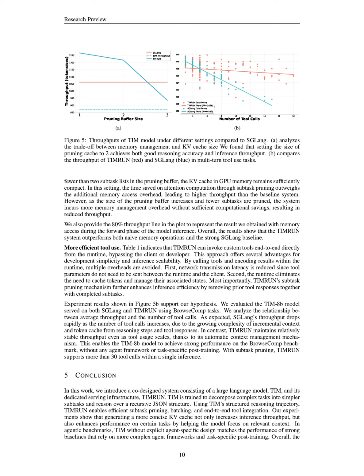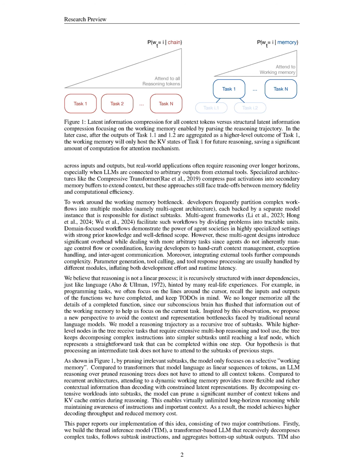Firstly, while TIMRUN's subtask pruning mechanism aims to enhance efficiency, experiments indicated that the overhead introduced by memory management can sometimes outweigh the benefits of a shorter KV cache, leading to reduced throughput in certain scenarios. Additionally, the reliance on a structured reasoning format may limit TIM's adaptability to diverse tasks that do not fit neatly into the recursive subtask tree model, potentially affecting its generalizability across various application scenarios.